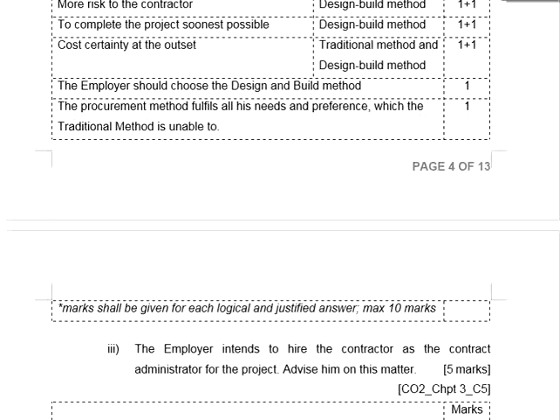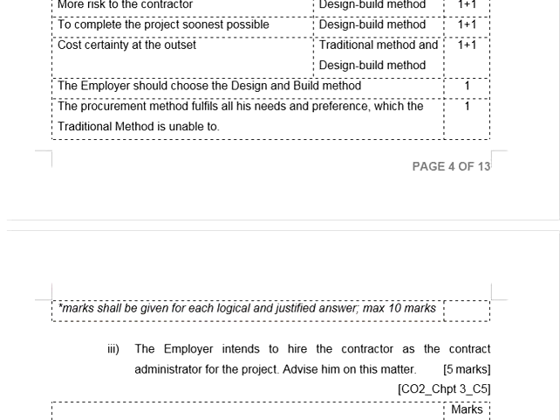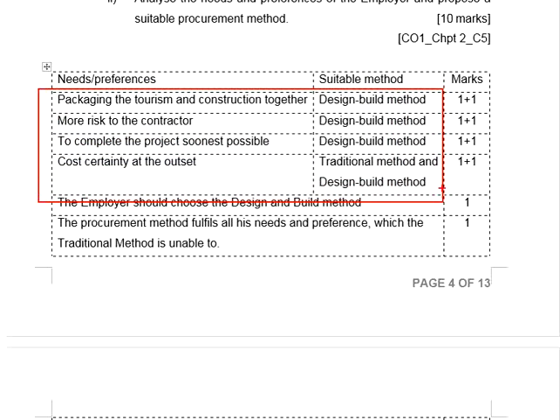Normally, when it comes to C5, C6 questions, you can allow for other logical and justified answers. Probably you can put a note here stating that other logical and justified answers or other approaches to the analysis are also acceptable.